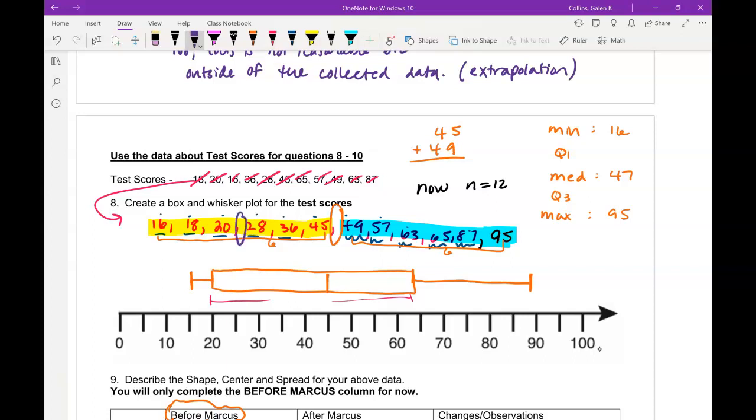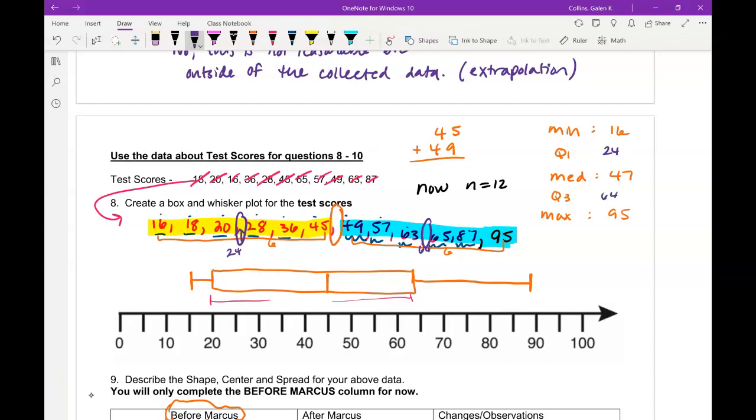So I'm looking for my first quartile to be between 20 and 28. So we can see that Q1 is going to be 24. So again, it's the average of 20 and 28, or the median of 20 and 28. And Q3 is going to have to be right here. So 64. So I've got 24 and 64.